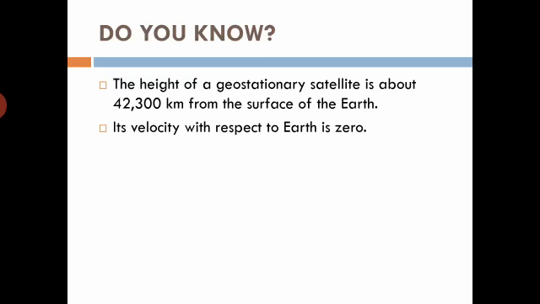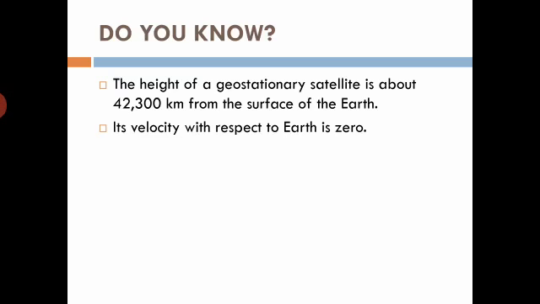Therefore, we can say that its velocity with respect to the Earth is 0, because with respect to the surface of the Earth, the satellites are stationary on their orbits, while they are moving along as the Earth moves.